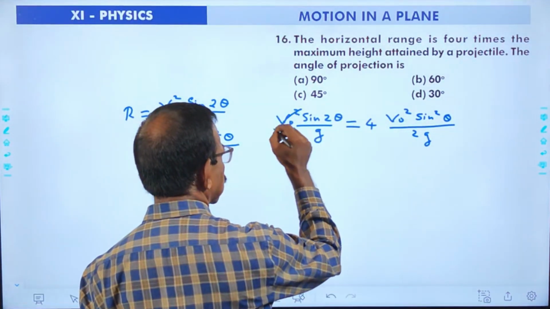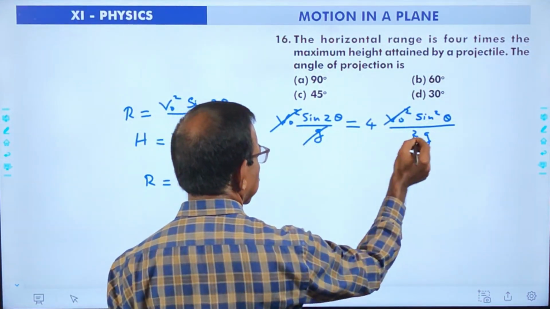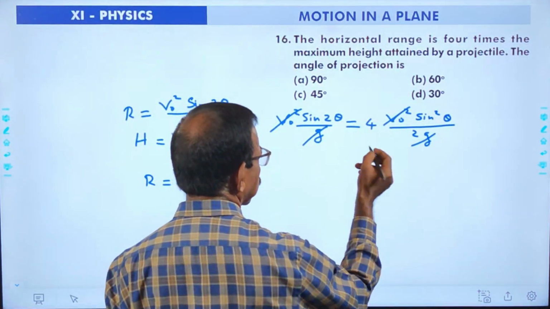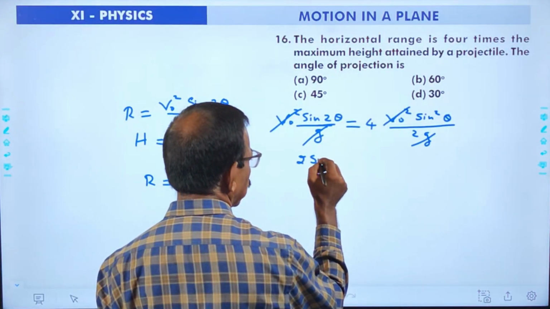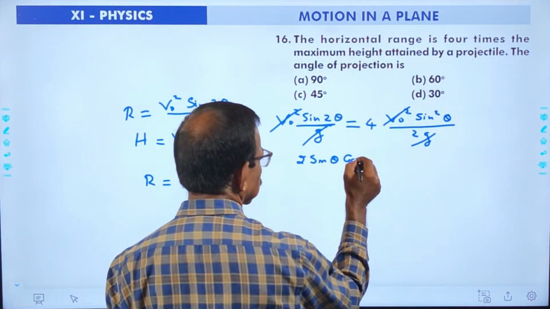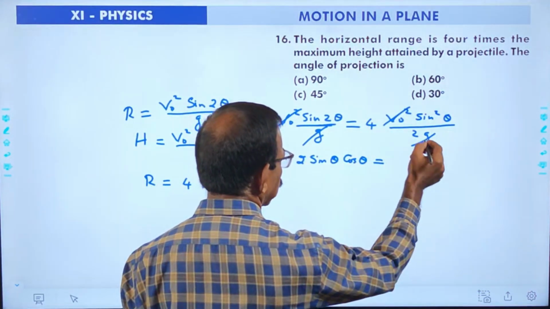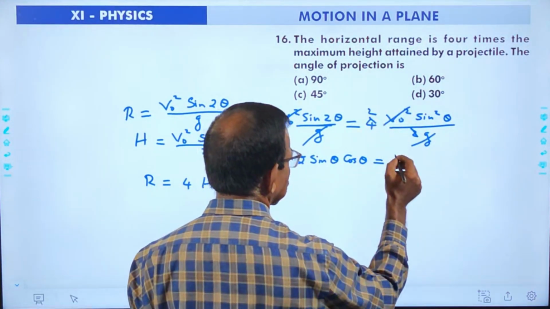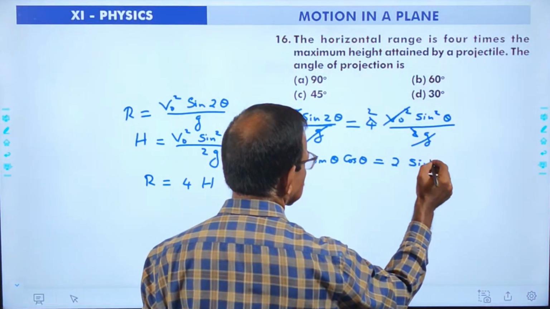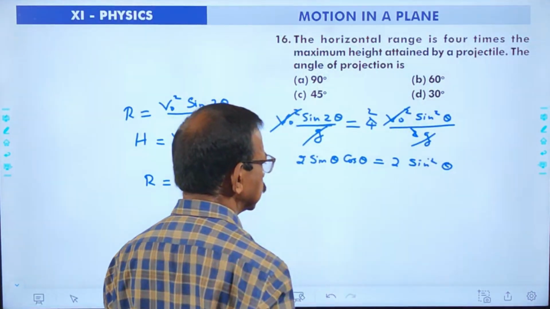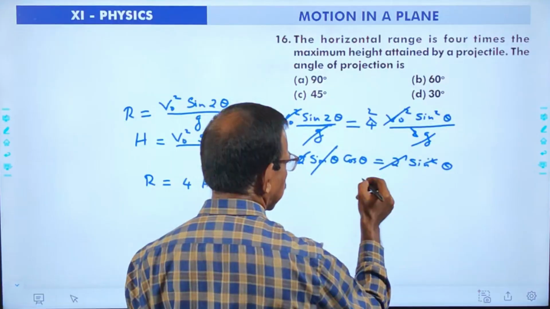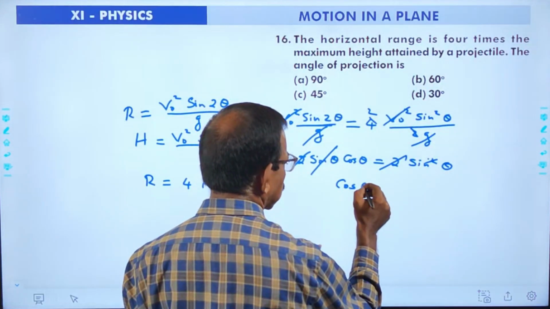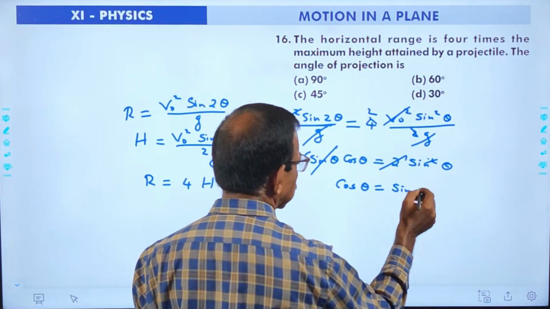Here V0 square cancels, G cancels, and the remaining 2 and 2 cancel. Sine 2 theta is 2 sine theta cos theta. Here 4 and 2 cancel, giving 2. That is 2 sine square theta. Here also a sine theta cancels, 2 cancels, and the remaining is cos theta equals sine theta.